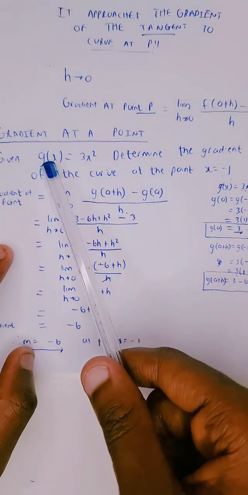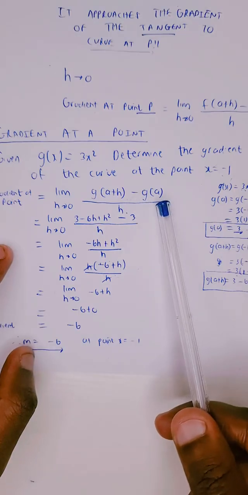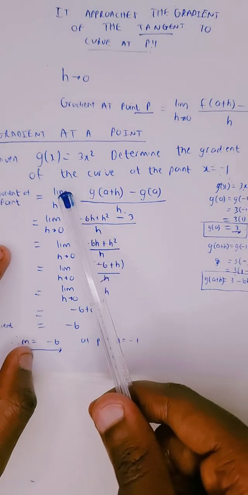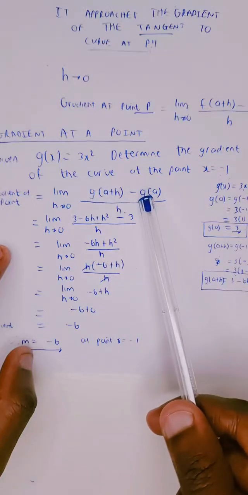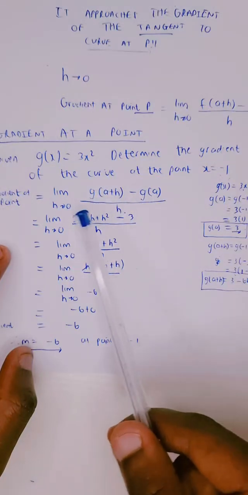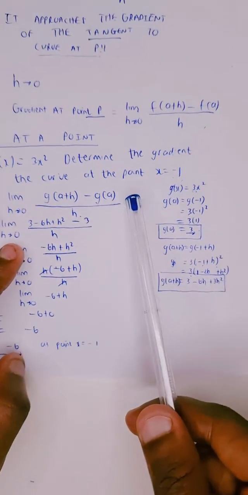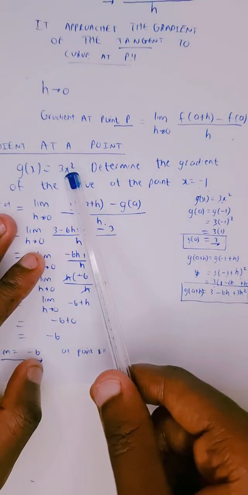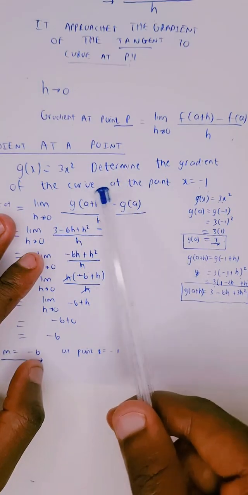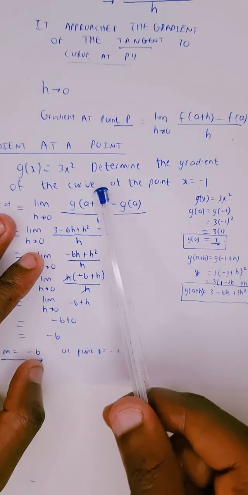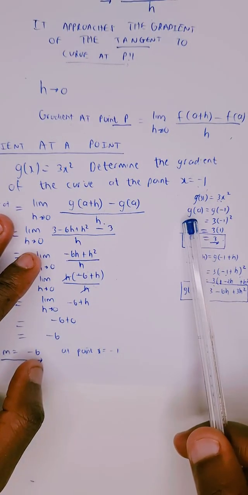If it was h of x, we would have said h of a plus h minus h of a. So it is the limit of g of a plus h minus g of a over h as h approaches 0. So we sought first to take g of x so that we can get these functional notations and their expressions. So g of a was substituted.